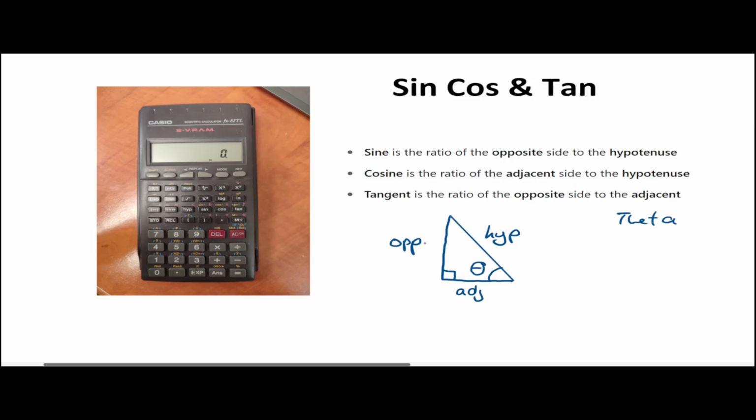So when we use Pythagoras' theorem, we didn't really care about theta. And that's fine. If you've got two of the sides and you're wanting to find the other side, great. But what if you've got one of the sides and the theta angle? What do we do then? Well, then we use sine, cos and tan.